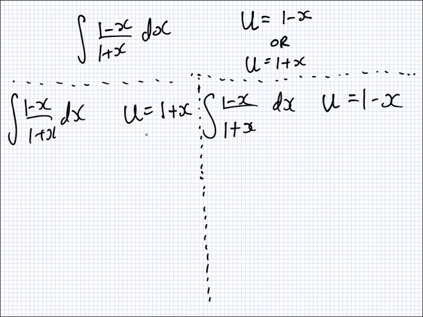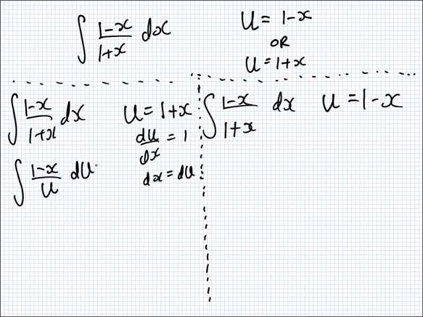Okay? So here, what does du dx equal? And that's nice, because that means dx equals du, which is nice. So this becomes integrate 1 minus x over u du. Now that's okay, but there's a huge problem. What's the problem? Yeah, the x. The x is still there.